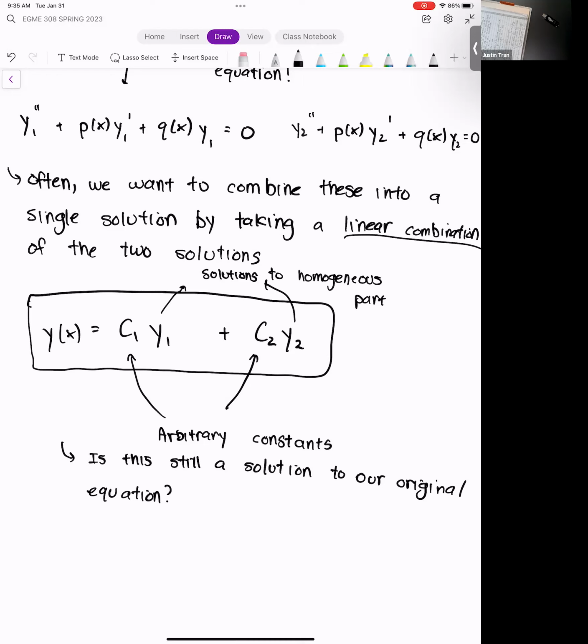We want to know whether, by taking a linear combination, we are still getting a solution to the original equation. Spoiler, of course the answer is yes, otherwise we wouldn't be doing this. Wouldn't that be wild, to go through all this work and say this is useless? But it is a solution, and to prove it you can just plug it in.